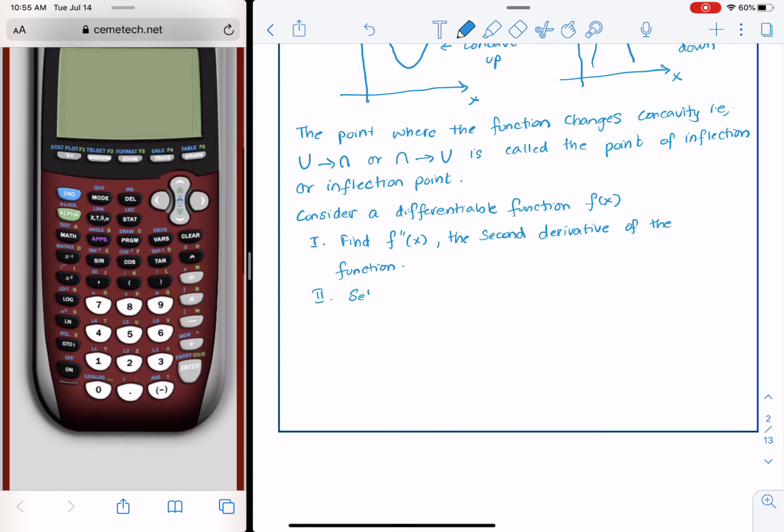So the next step is set the second derivative equal to 0 and solve for x. The solutions are the points of inflection.